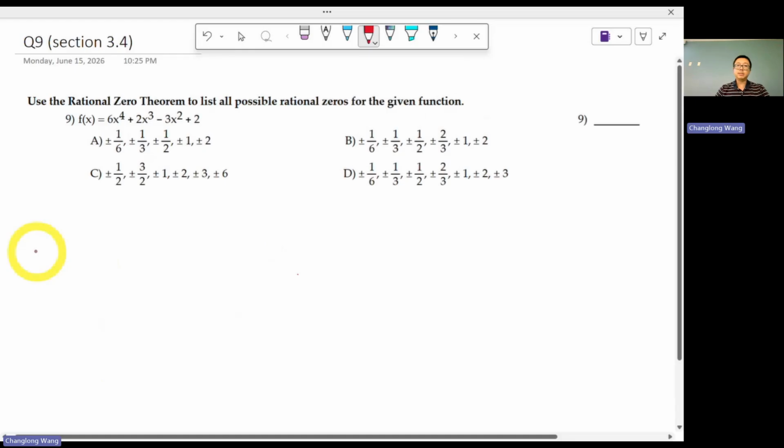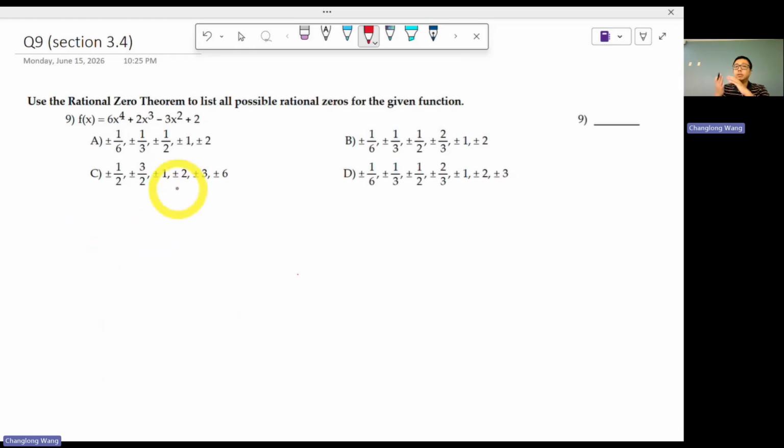Now for this, I guess I do need to remind you once again, because this is pretty much the rational zero theorem, right? So you're finding the leading coefficient, right, and the last term, which is a constant. Okay. So in this case, what is the leading coefficient? 6, right?